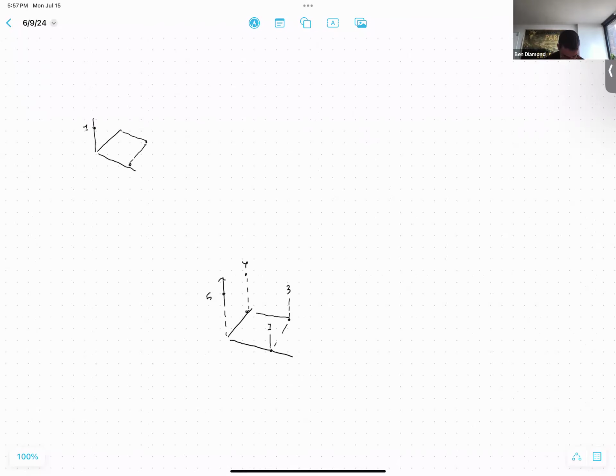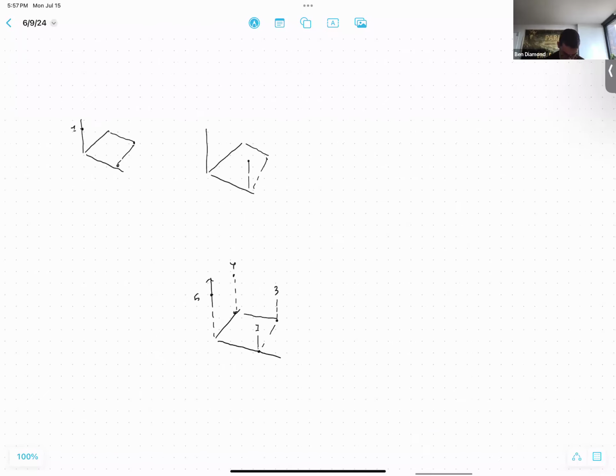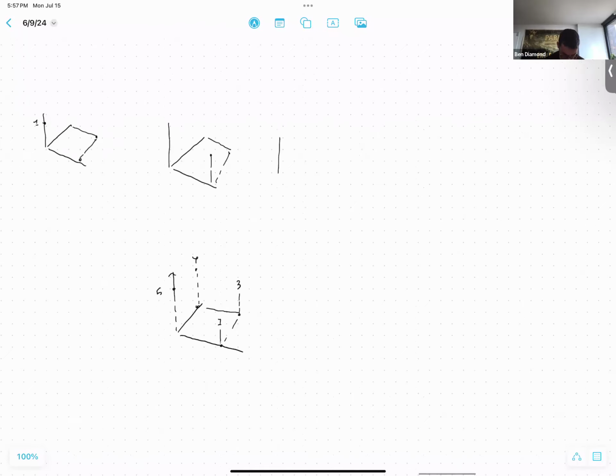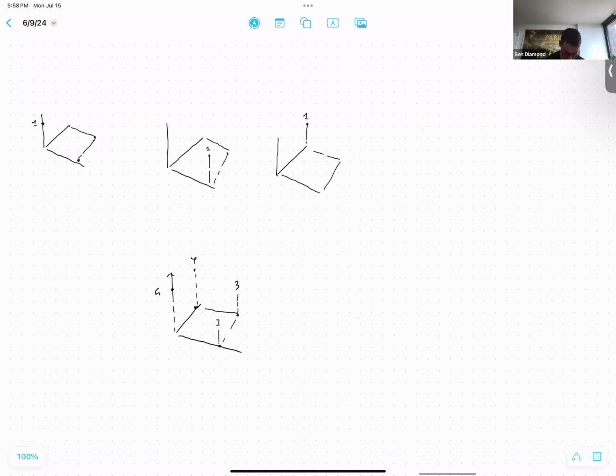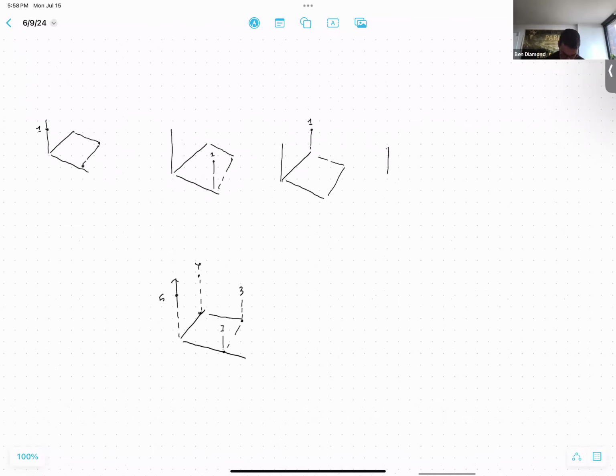And I also have one that is 1 at this point and 0 everywhere else. And you see where this is going. I'm now going to have one that's 1 here, 1 here, and 0 everywhere else.